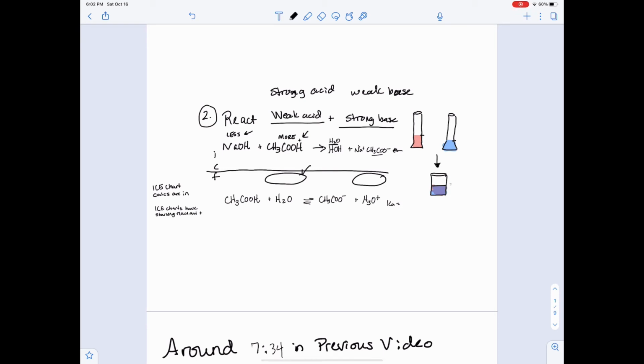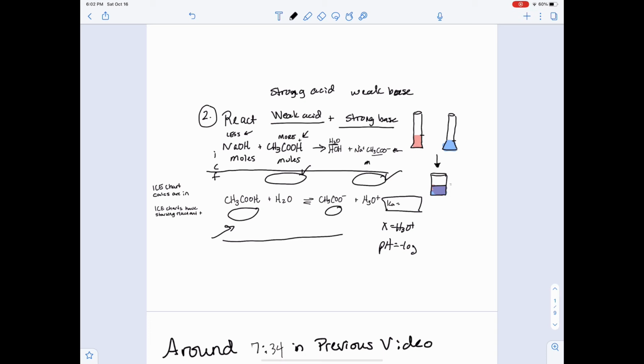Then once you have those two values, you're going to do an ice chart with those two values. So then it's like what I was saying earlier with the salt and the acid. And remember, you'll solve for x, and then you'll do your pH as the negative log of H3O plus. And things will pretty much look the same at this point as what you've done before.